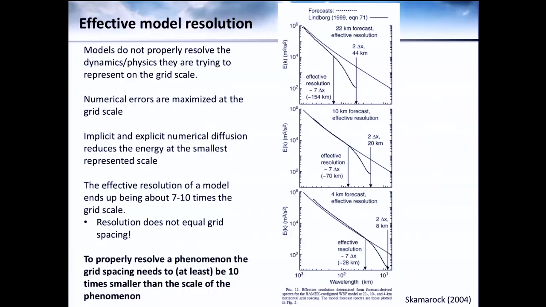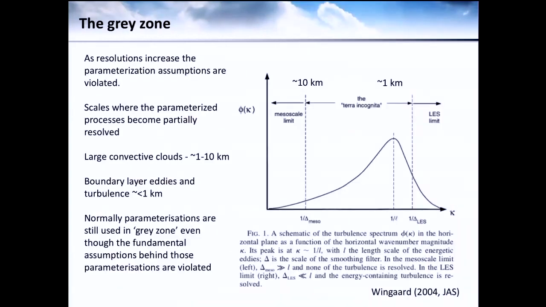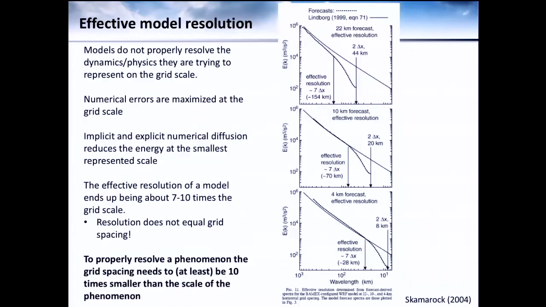This is deeply wrong, and I guess you missed the discussion we had on the grey zone, where I talked a little bit about how the assumptions of our parameterizations break down at some range above our minimum resolvable scale. But the key point you're making is that we have this region through here where we're not resolving things properly. We're assuming, and we're trying to parameterize stuff down here.